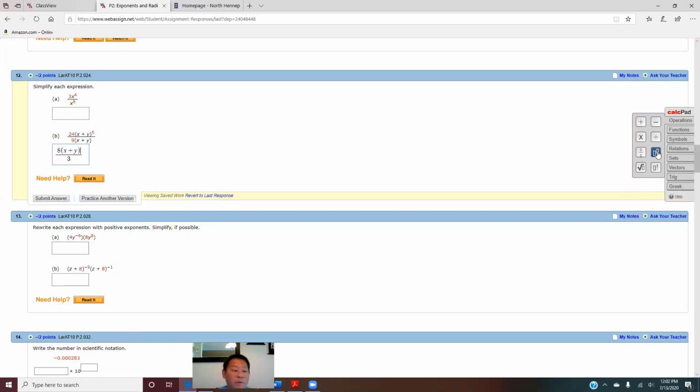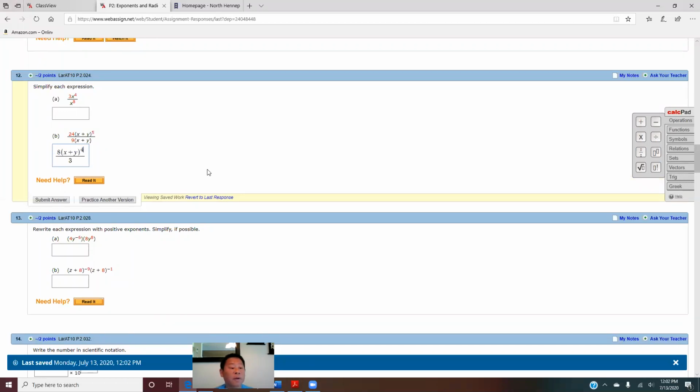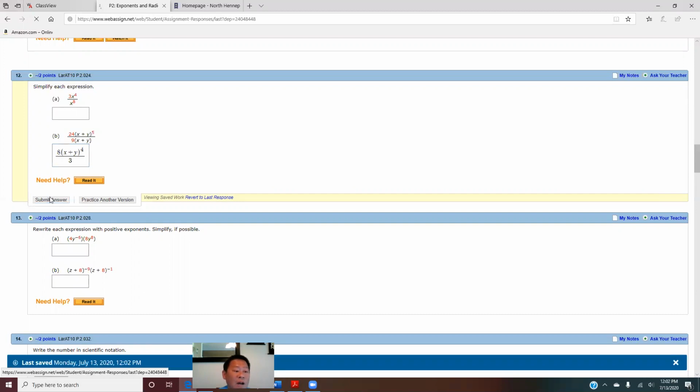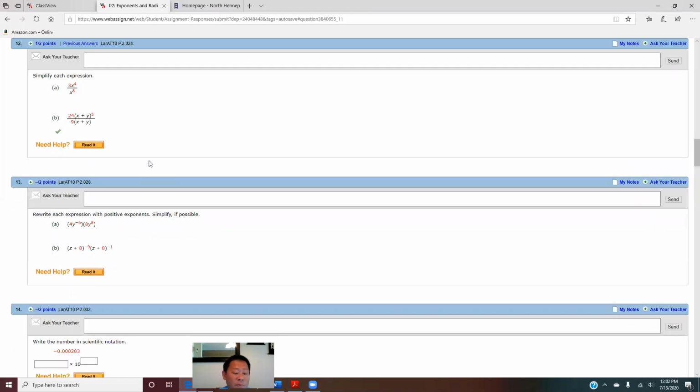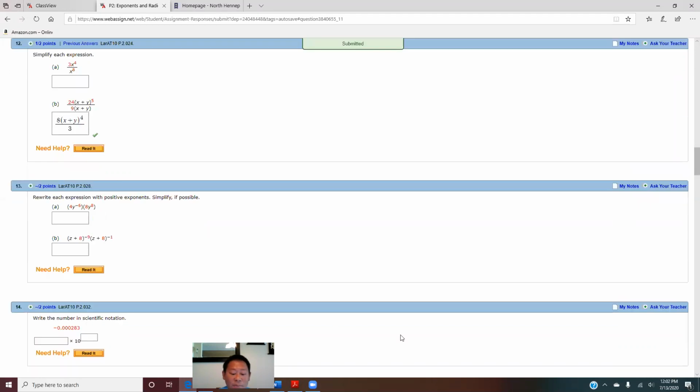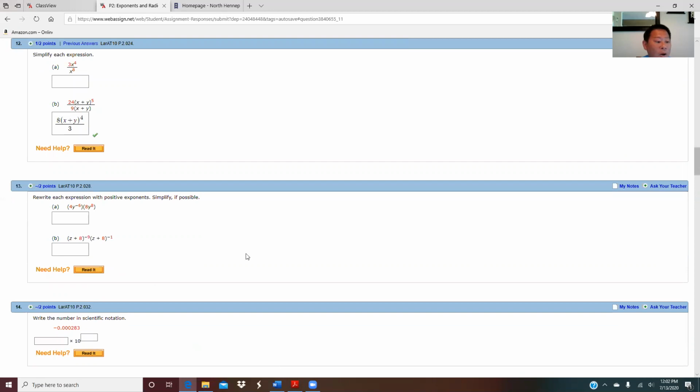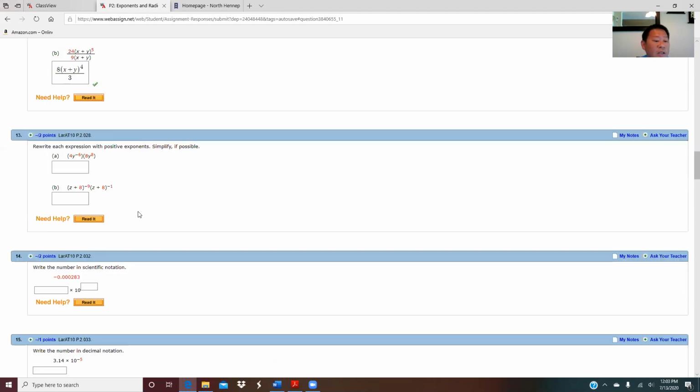Yep, there you go. This is the symbol for power, and then you put 4 in here. So this is how you do question 12B. Make sure that you reduce first before you do your subtraction.